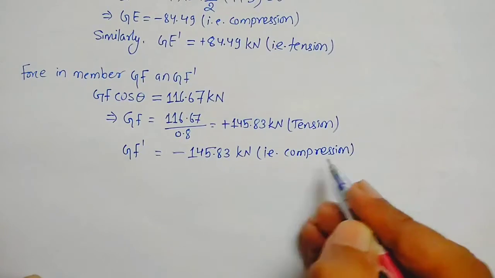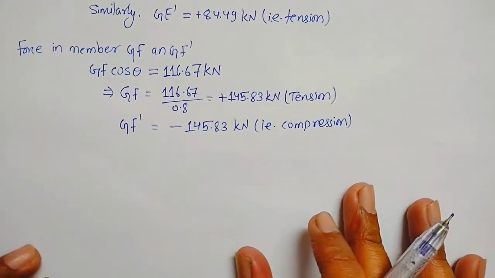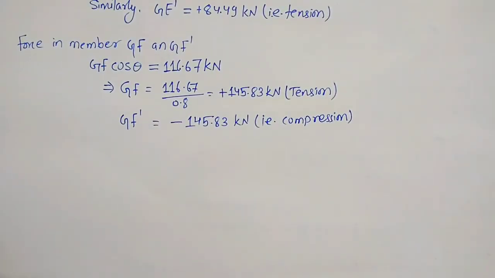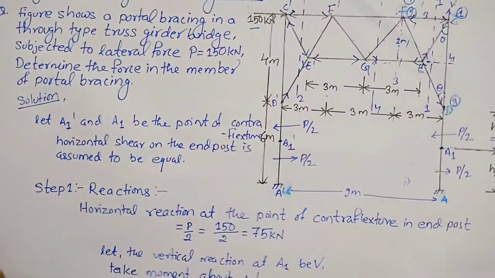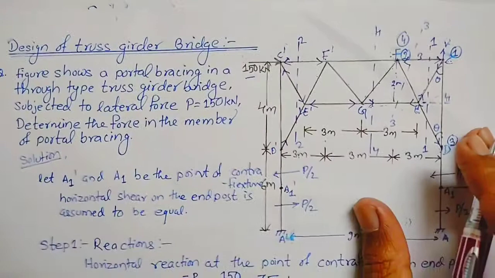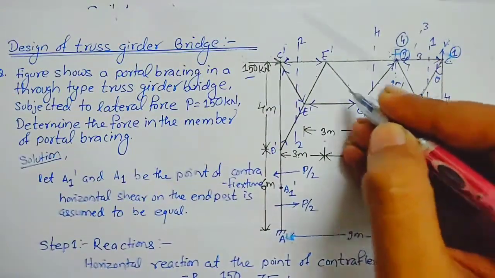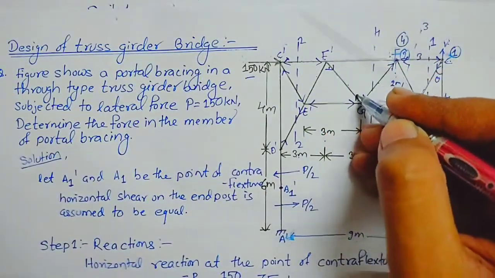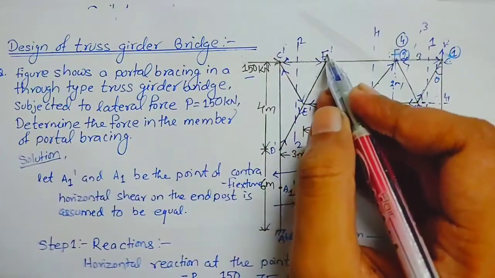Let me show this in the diagram, and then one more member is remaining, and we will find the force in that member. This is tension and this is compression.